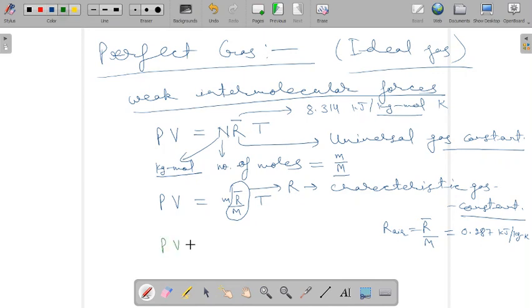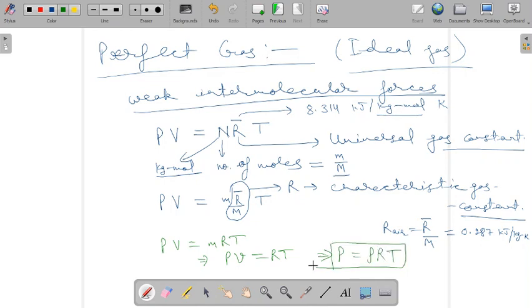Okay, so now if you write R bar by M as R, then you will find that P into V equal to MRT. Now if you divide throughout by M, then you will find P into V by M, which is specific volume, equal to RT. And from here, if you take the specific volume to the right hand side, you will find P equal to rho RT.